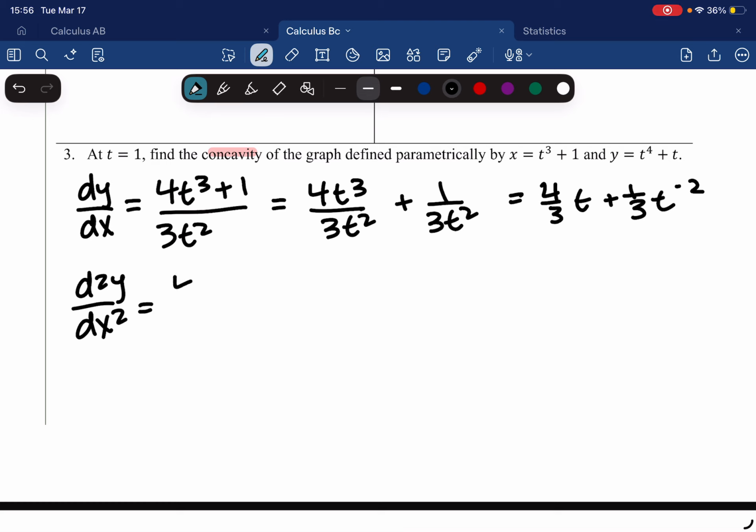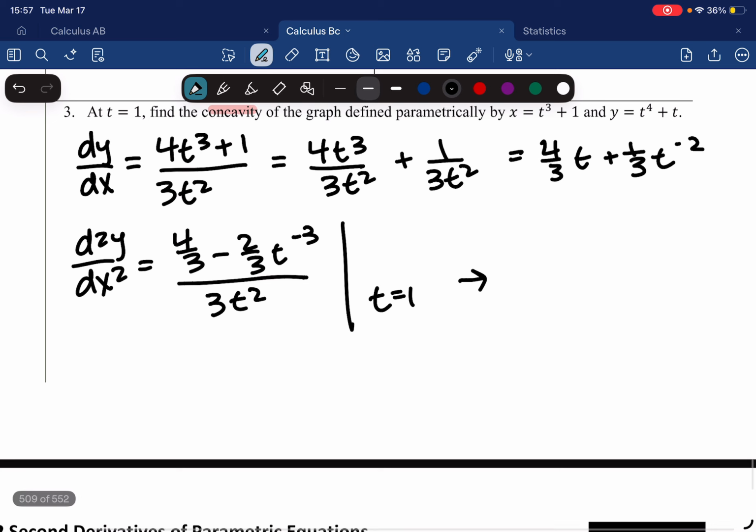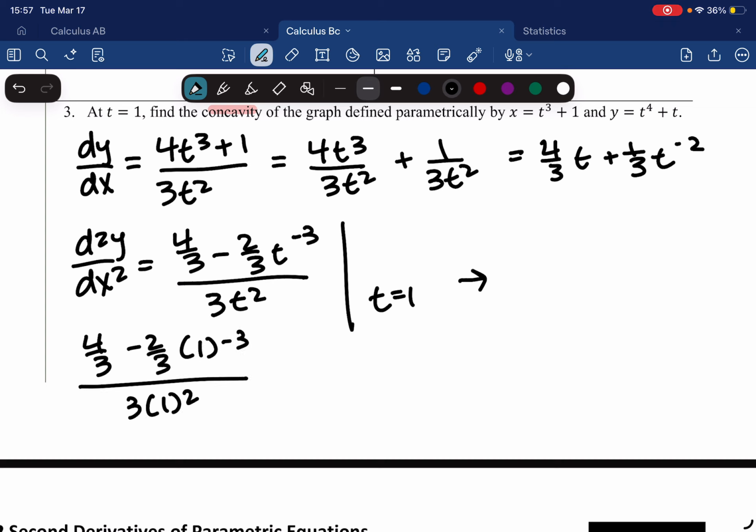And so I have 4/3 minus 2/3 t to the negative 3 over the derivative of x, which is 3t squared. I'm going to solve that when t is equal to 1, and I'm trying to see if my second derivative is positive or negative, and that's going to help me determine if it's concave up or concave down. So I have 4/3 minus 2/3 times 1 to the negative 3 over 3 times 1 squared.